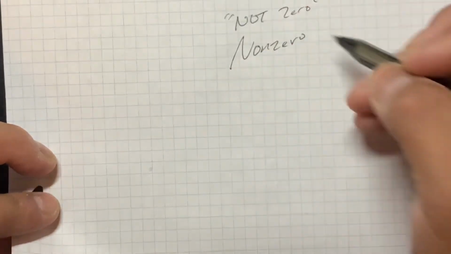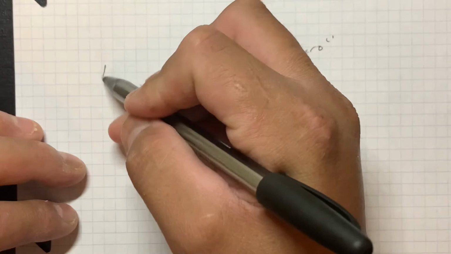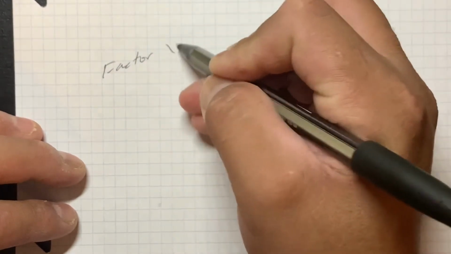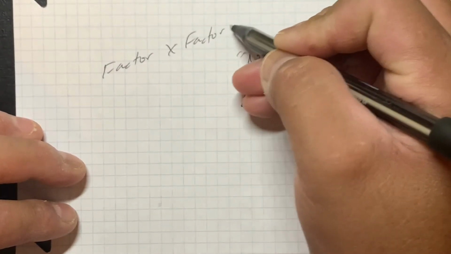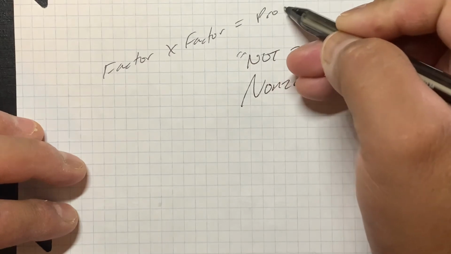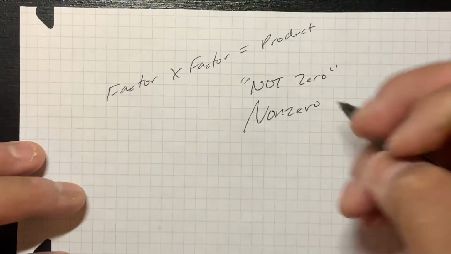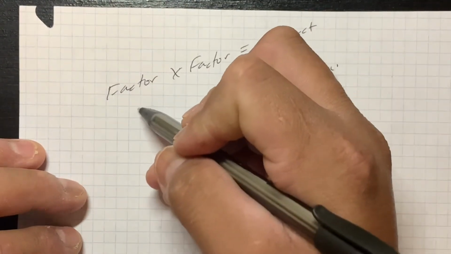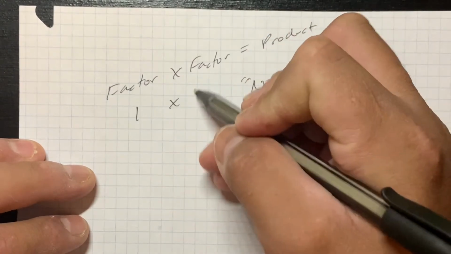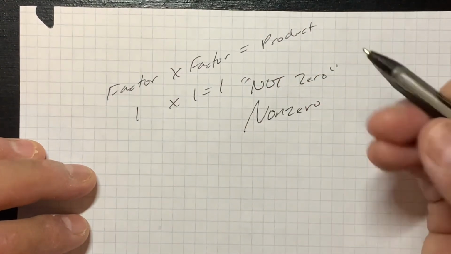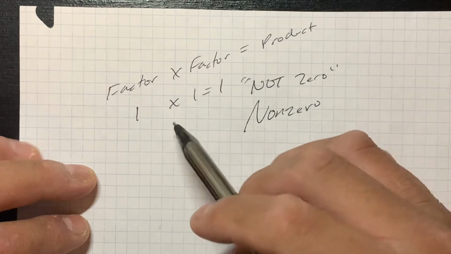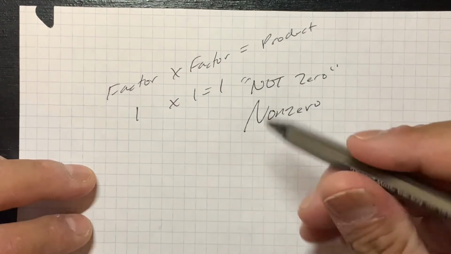Okay. So in multiplication, when we multiply a factor times another factor, that equals a product. So if I have a factor 1 times a factor 1, that's going to be the product 1. So again, that would be like the identity property of multiplication.